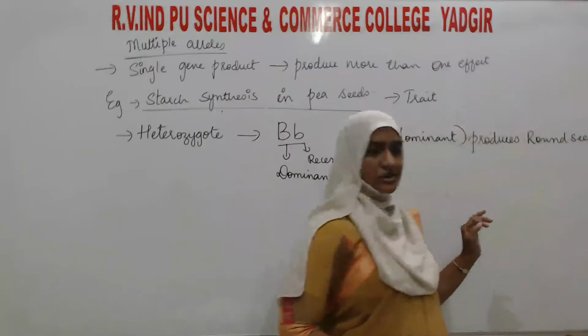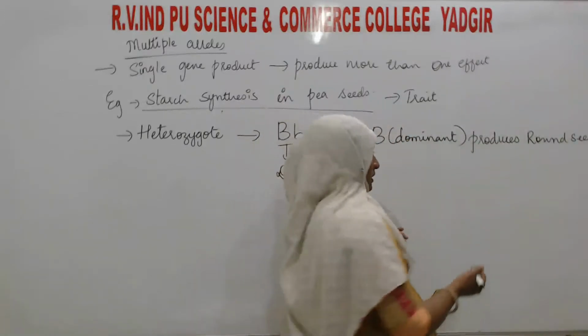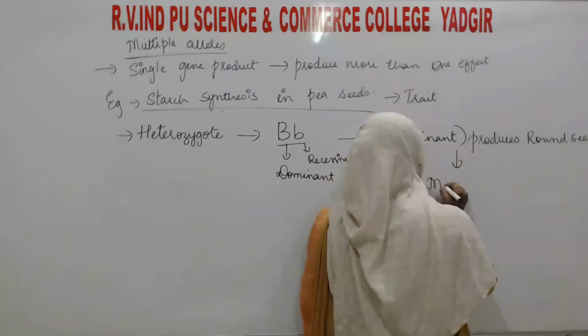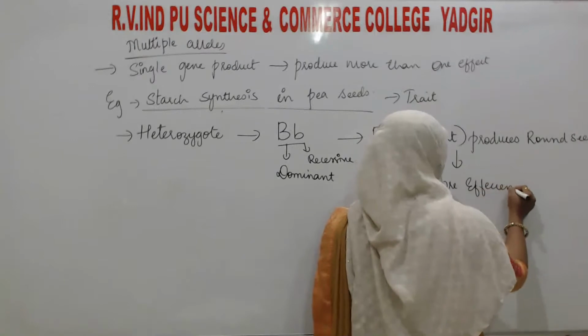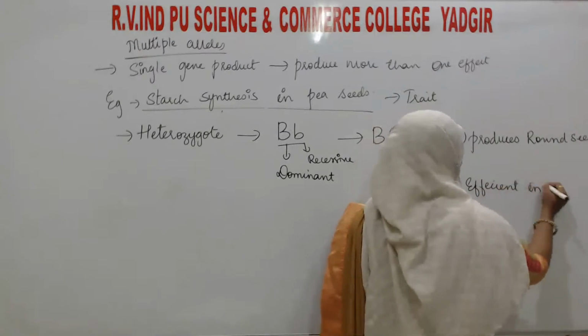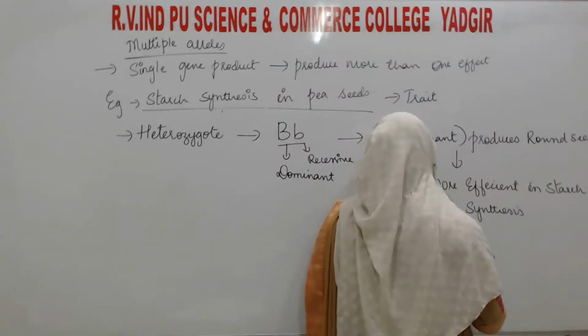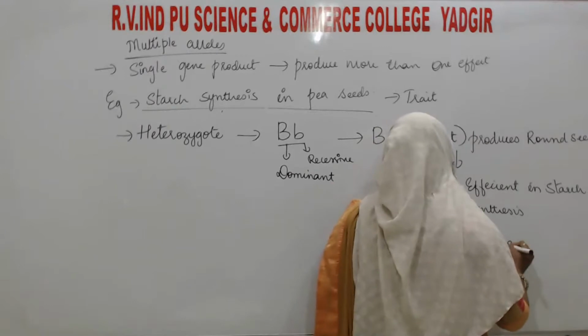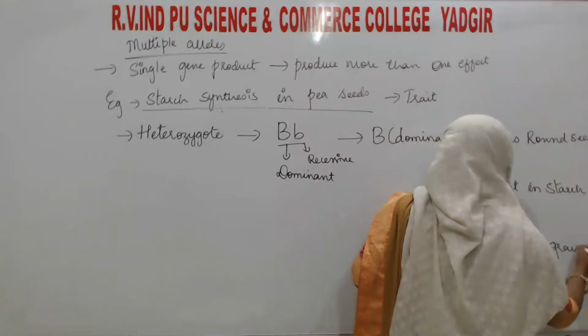If it is round seeds, then what will be the efficiency of starch? It will be more efficient in starch synthesis, or starch grains. Starch grains means that is the pea seeds.